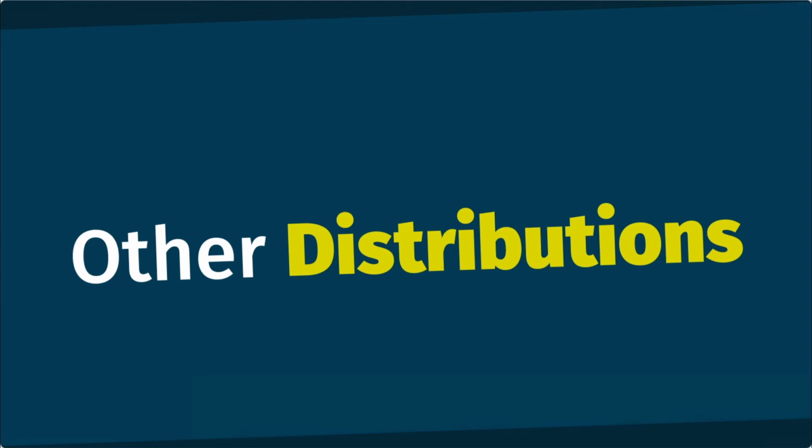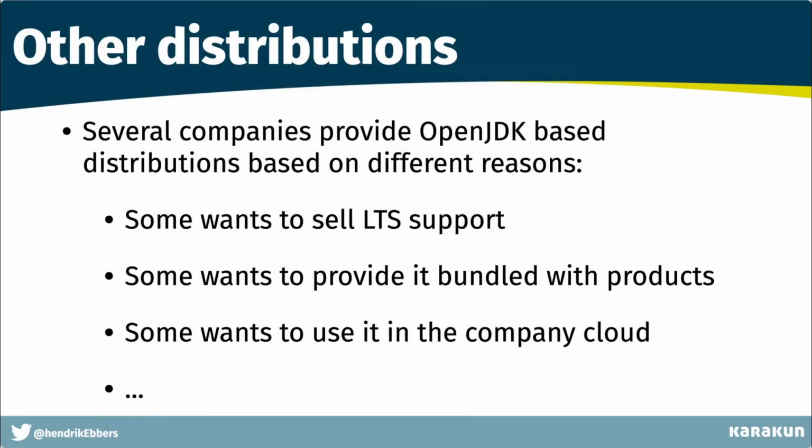And one big news in Temurin regarding AdoptOpenJDK is definitely that we are TCK certified now, but as I already said, there are other distributions. And one thing that we are not doing in general with Adoptium is that we at the Eclipse Foundation, for example, offer commercial support. If you have problems with Adoptium, you can always open issues at GitHub.